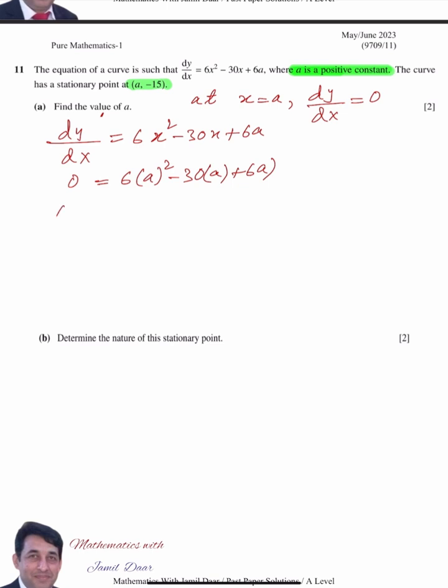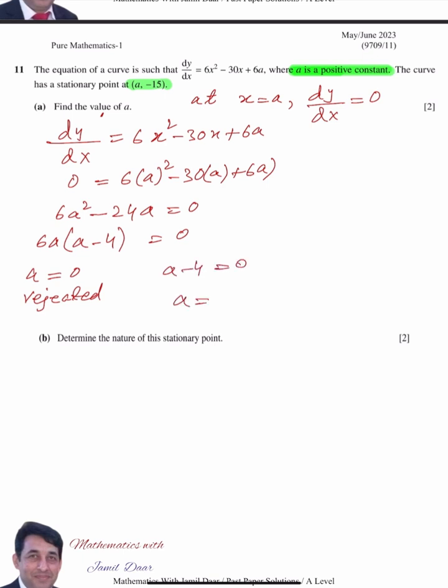So that is 6a square minus 24a is equal to 0. 6a into a minus 4 is equal to 0. A is equal to 0, which is rejected because a is a positive constant. So a minus 4 is equal to 0 and a is equal to 4. This is your answer, right?